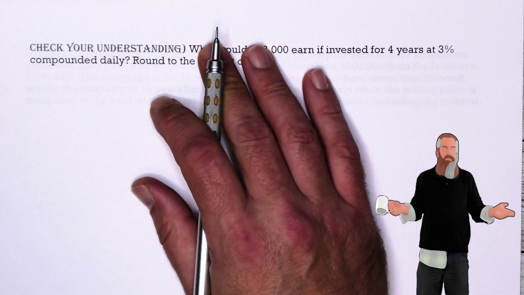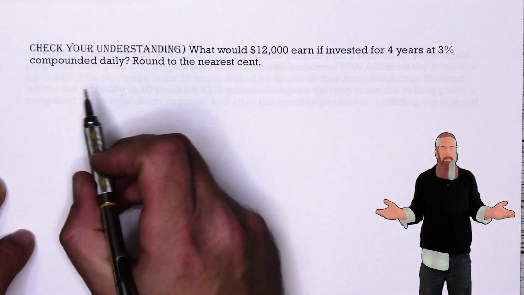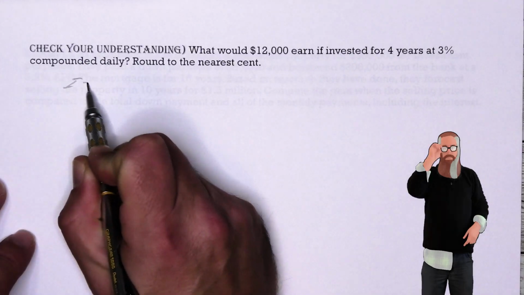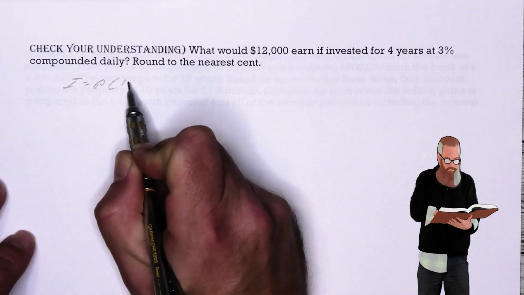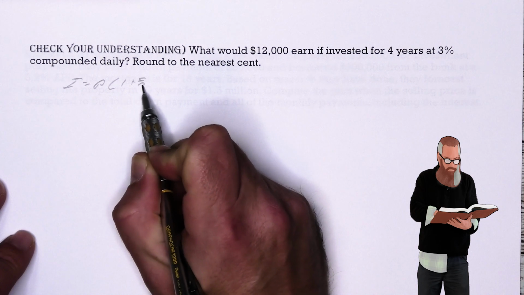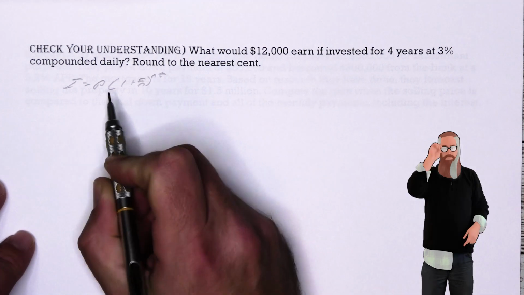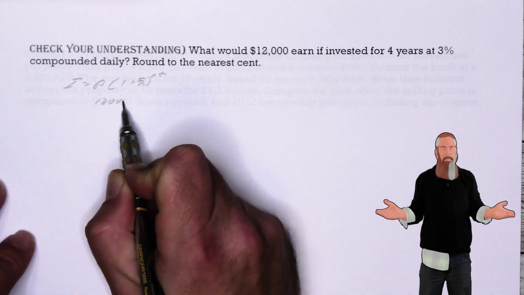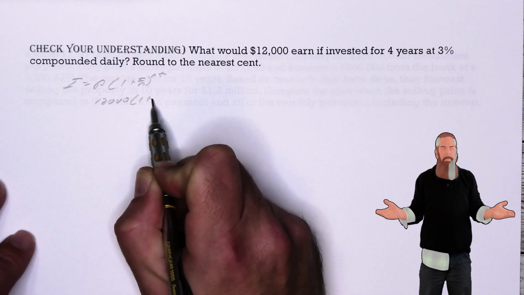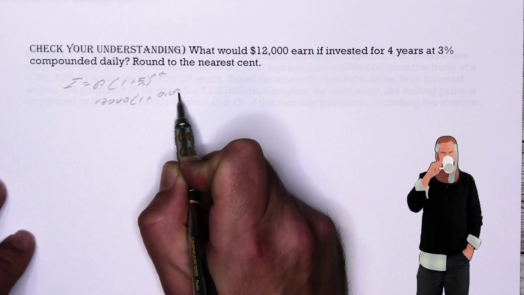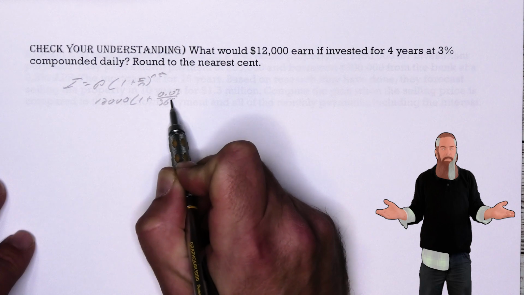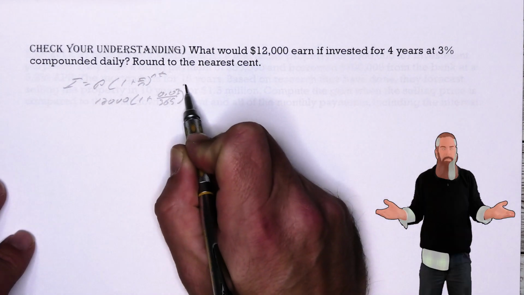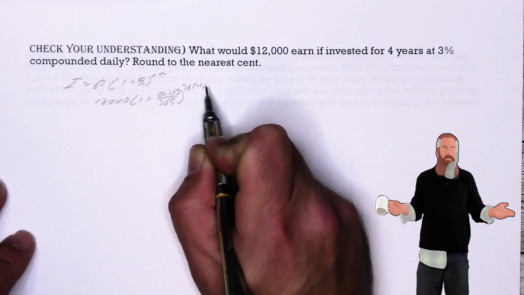To do this, we're going to have to remember our compound interest formula. I is equal to P times 1 plus R over N to the NT power. We're looking at $12,000 times 1 plus 0.03 divided by 365 to the 365 times 4 power.